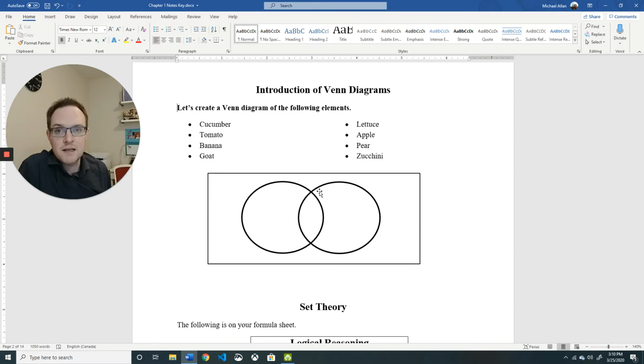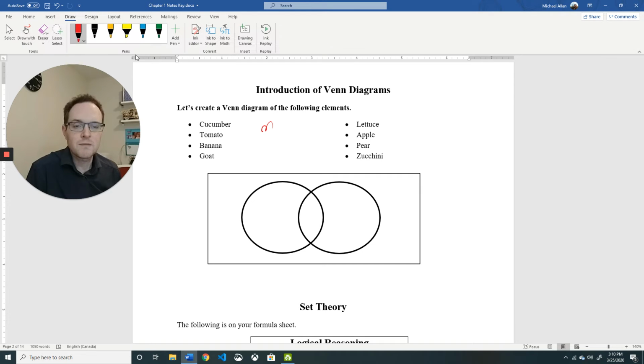Okay. So let's talk about Venn diagram set theory. If you remember from what we did before, a Venn diagram, also sometimes called an Euler diagram, is just a diagram that represents how sets or different types of things interact with each other.